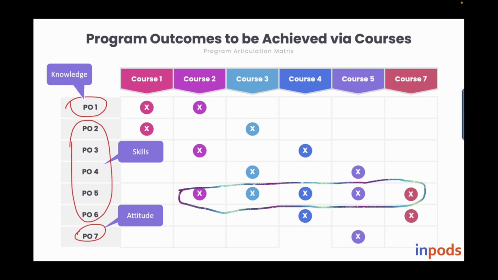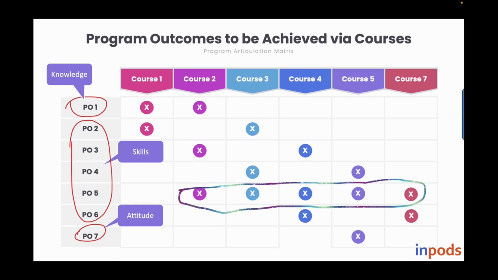Because you may believe that PO5 is the most critical outcome to be achieved by the students. So out of, let's say, 60 or 120 or 300 students in that batch learning your program, most of the students, let's say 60% of students, should be achieving the highest degree of proficiency related to program outcome number 5.